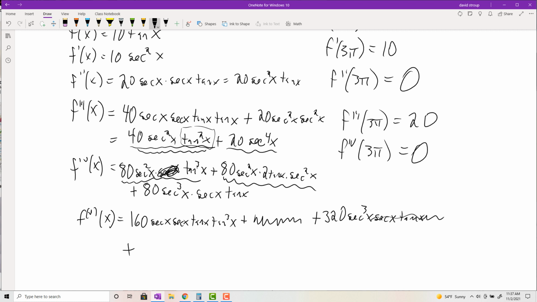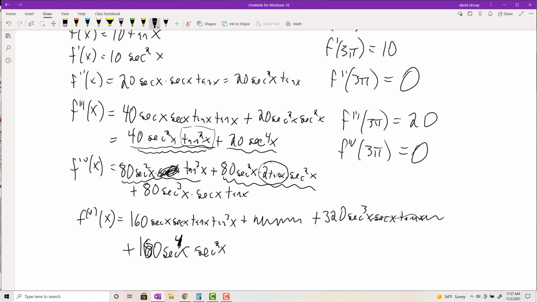Then taking the derivative of the tan part, you'll have 80 secant cubed x times, there's a 2 in there, so this will be 160 secant cubed x times secant squared x. So that's going to give you secant to the fifth, which is negative. Is that true? But no, I'm taking the derivative of tan, so it's secant to the fourth.